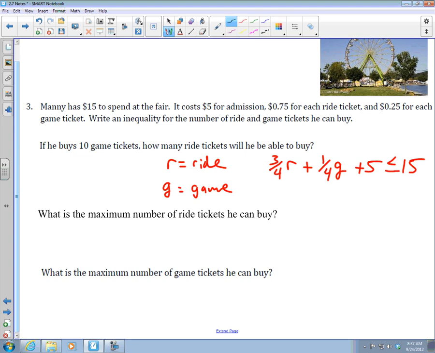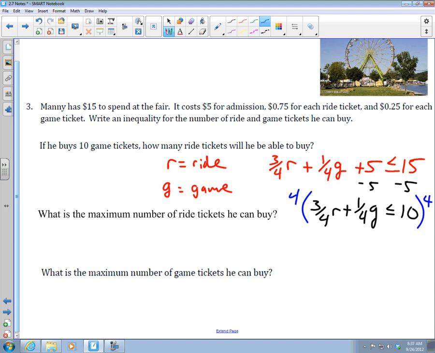So, cleaning this up a little bit, I'm going to subtract 5 from both sides. And then I'm going to get rid of the fractions. If you multiply everything by 4, it'll cancel out these two 4's down here.